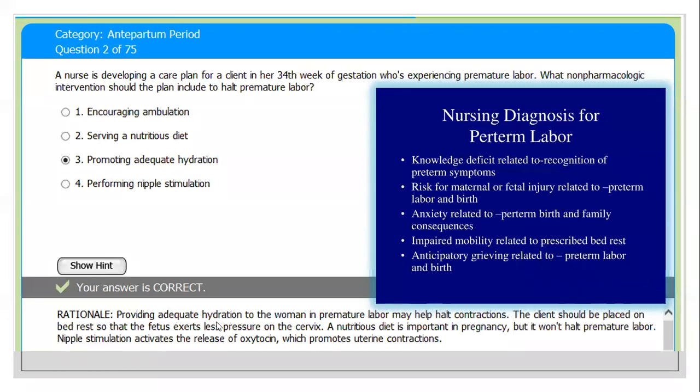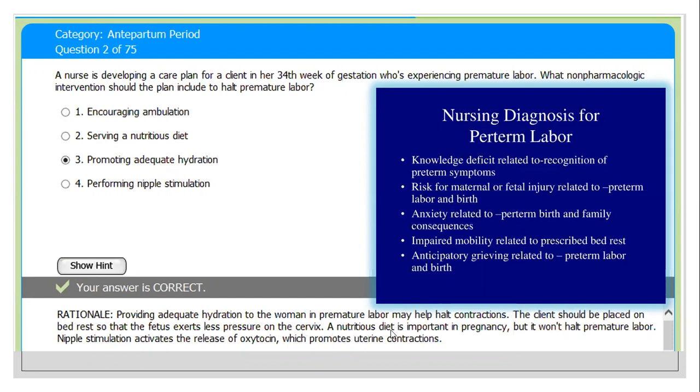And right, what is the rationale? Providing adequate hydration to women in preterm labor may help alter contractions. The client should be placed on bed rest so that the fetus puts less pressure on the cervix.